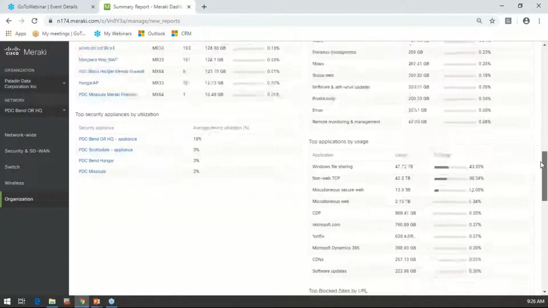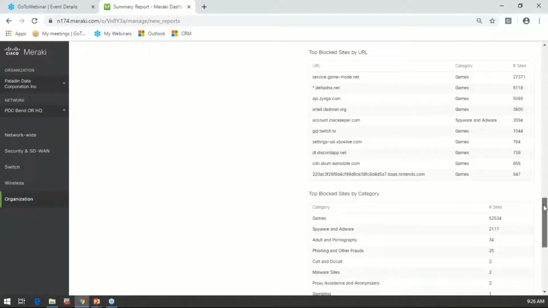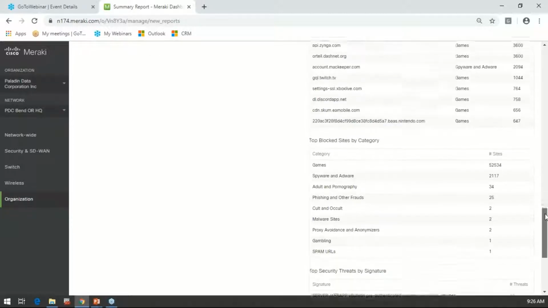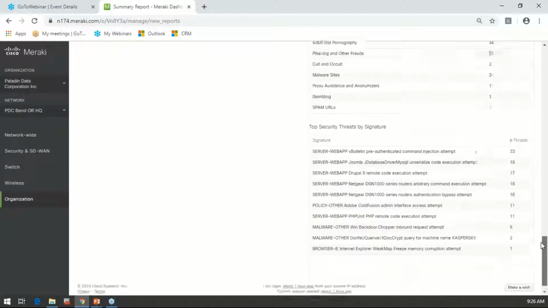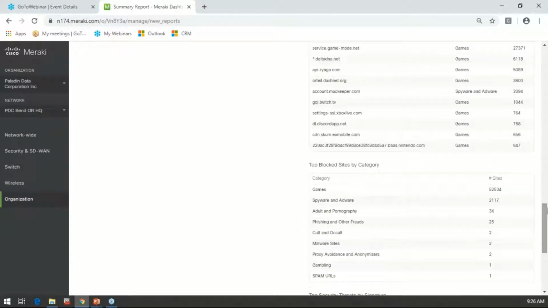I'm just going to scroll down. There's a lot of eye candy here, but let's just take a look at threats blocked. You can see the number of threats blocked there, and other security threats blocked. So a lot of information, a lot of capabilities available in the Meraki firewalls.